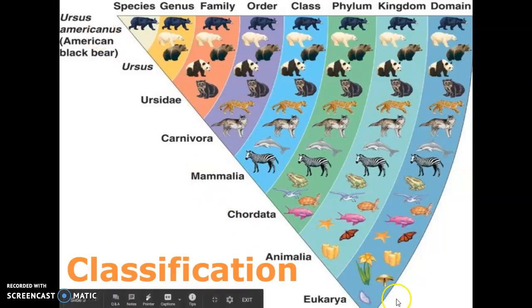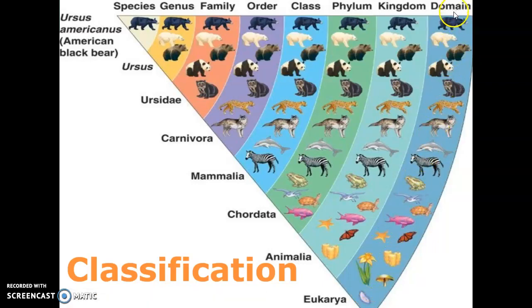And if we go through this one really quickly, we have the eukaryotes here, so anything that has the nucleus is in the domain. And then for the kingdom, we're going to get rid of some of the other kingdoms. So we're in kingdom Animalia, so our black bear, and then the other animals.